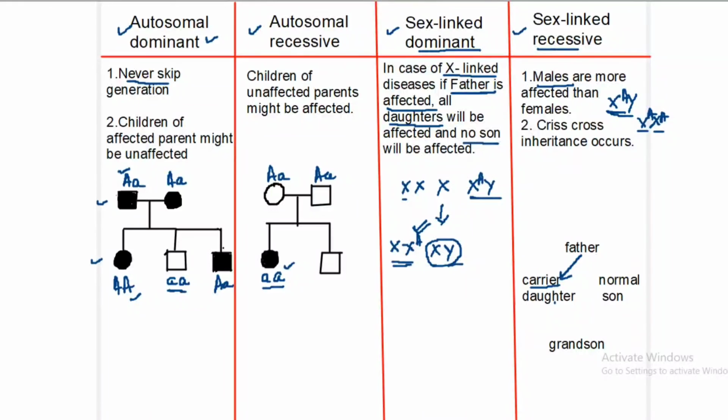But she will transfer that affected allele to her son. So here the father is affected and the grandson is affected. The daughter is not affected, she is only a carrier. This type of inheritance, from father to carrier daughter, then from carrier daughter to grandson, is called crisscross inheritance.